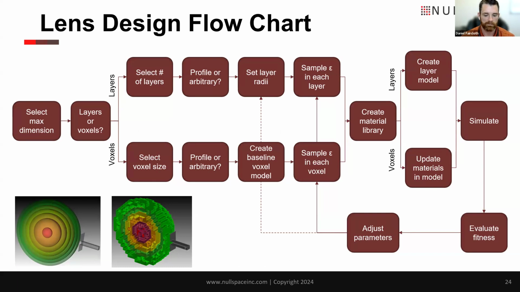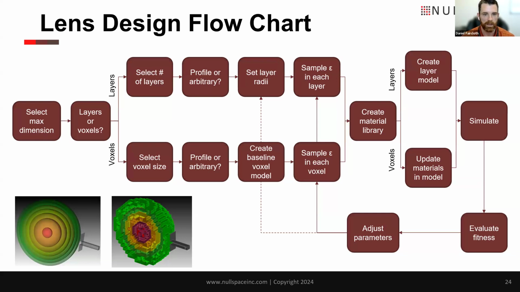Then, based on a number of factors, number of optimization variables, the overall shape, etc., you might choose either a layer-based approach or a voxel-based approach. And then based on that, you're selecting the number of layers or the voxel size, and that has to do with the highest frequency of interest that guides the selection of the number and thickness of those layers or the size of those voxels.